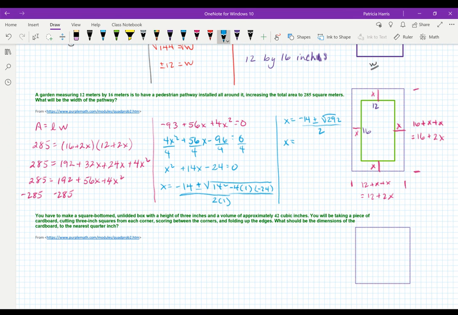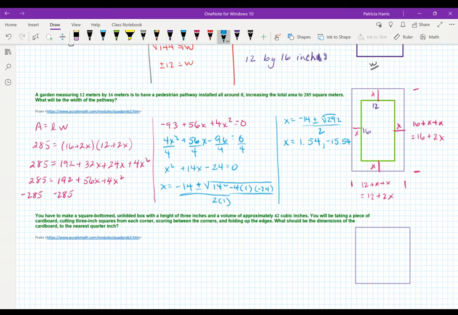Simplifying that, I get 1.54 and negative 15.54.